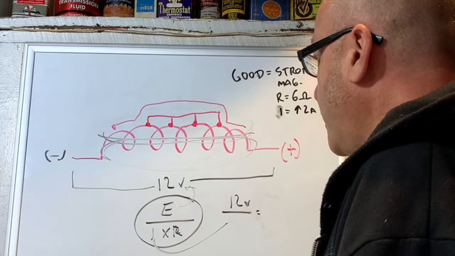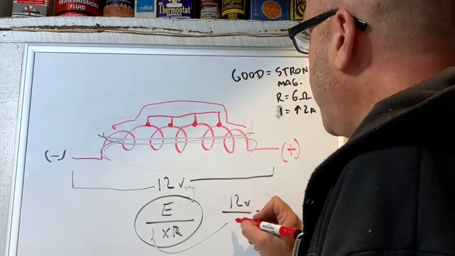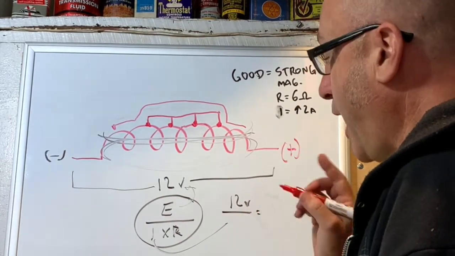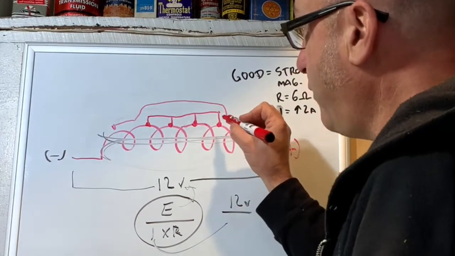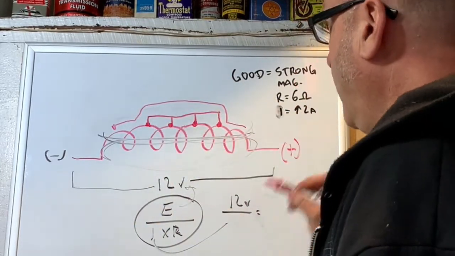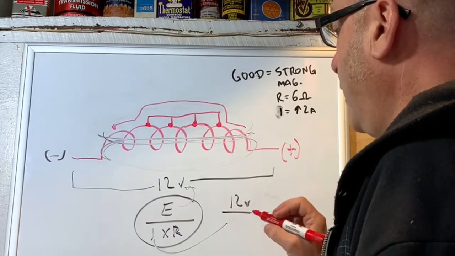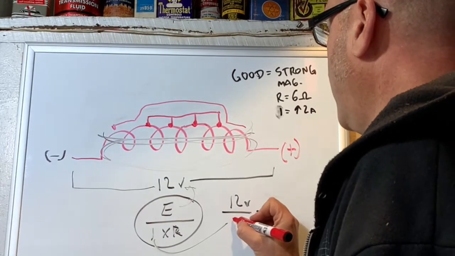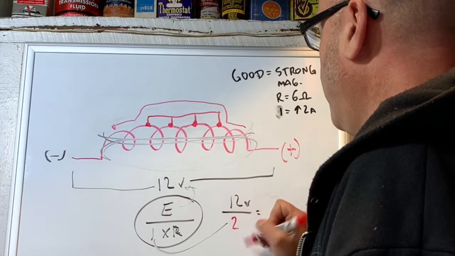Let's say that by having a short and bypassing those other sections of that coil, it's now not 6. Now my resistance is 2 ohms.